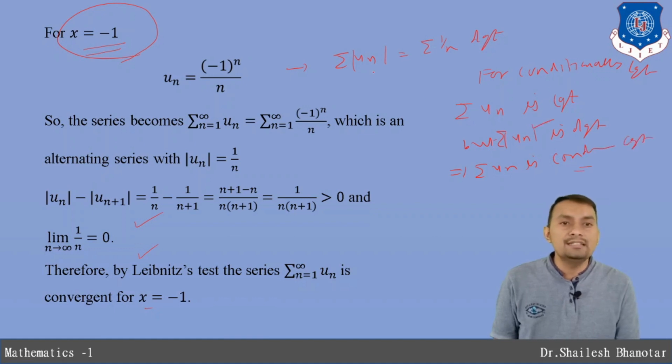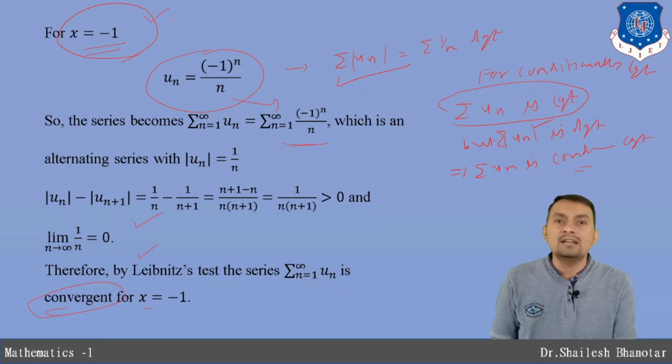This condition is satisfied here: we have seen that this series is convergent, and its absolute series is divergent, so the series is conditionally convergent, and this is only when x = -1.